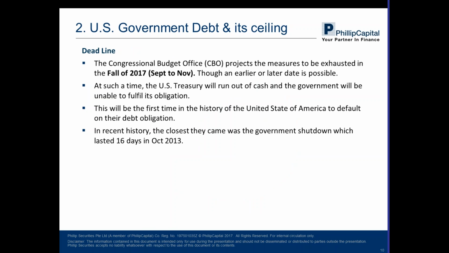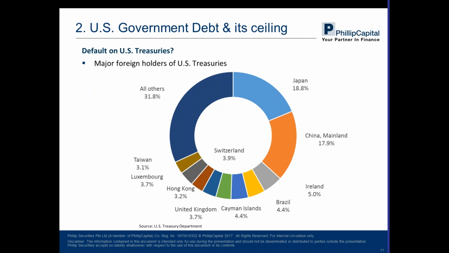However, even in the slightest case whereby there's a default, remember that we talk about the U.S. Treasury and the percentage or the total amount that was being held by major foreign holders. You could see in this chart here that the major foreign holders are Japan and China, and so on and so forth. We all know that this was very big news.